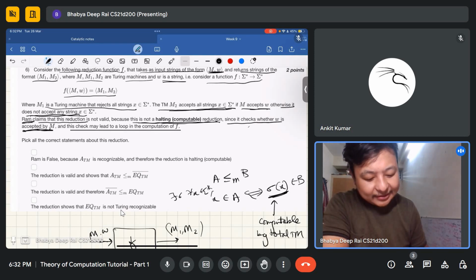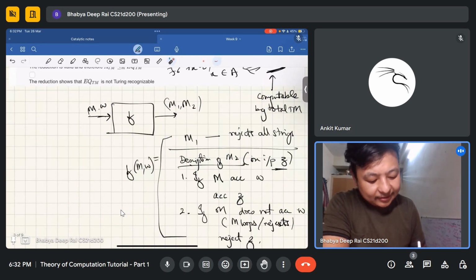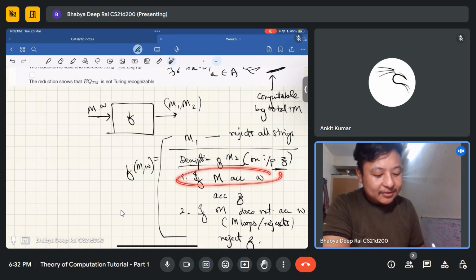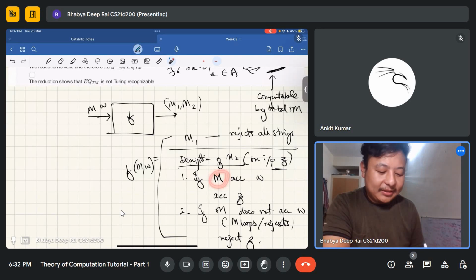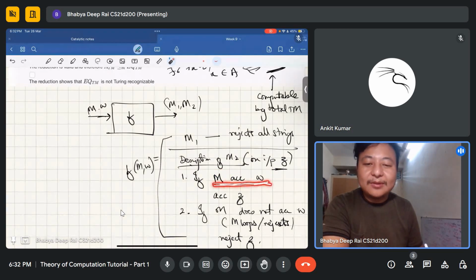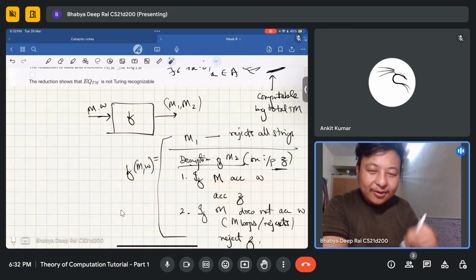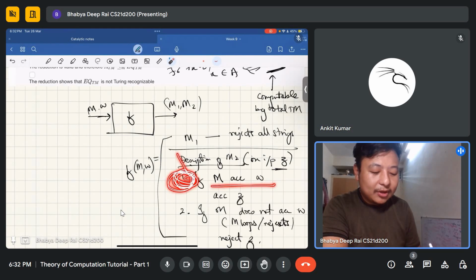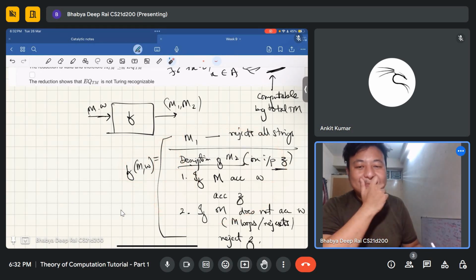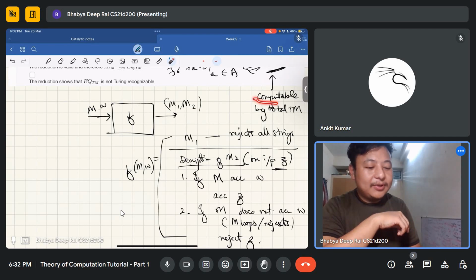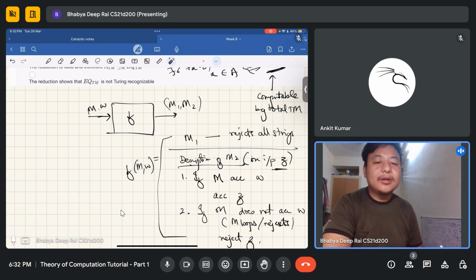Now what Ram is saying is that M2 is defined as follows: it runs M and checks whether M accepts w or not. But what if M did not halt on w? This M2 would just keep looping if you ran M on w. So how can it be that this reduction is computable by a total Turing machine?